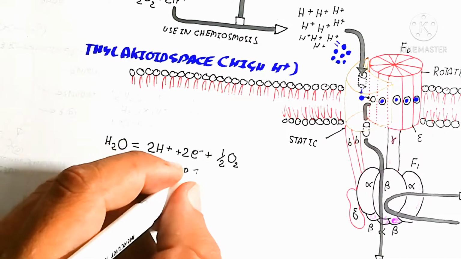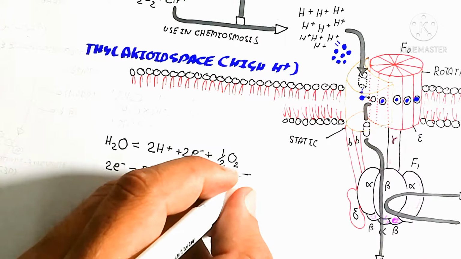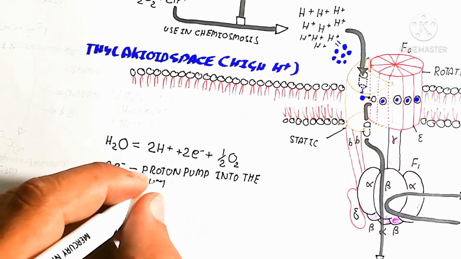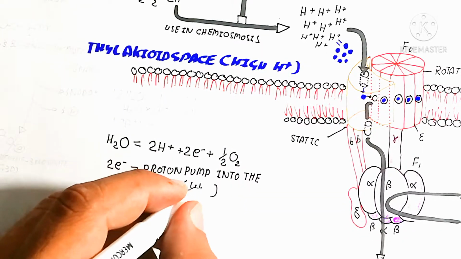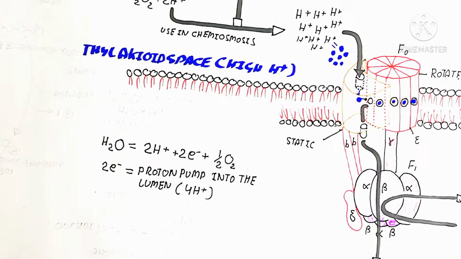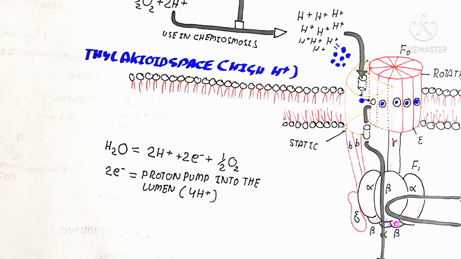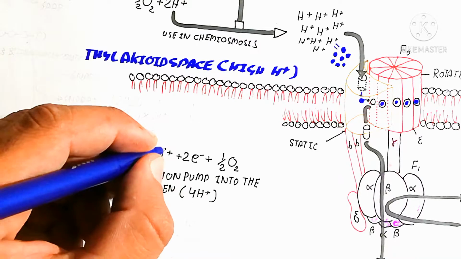So first of all, we will discuss the calculation of the protons. Here the water is split into 2 protons, 2 electrons and half an oxygen. So 2 molecules of water will release 1 molecule of oxygen.